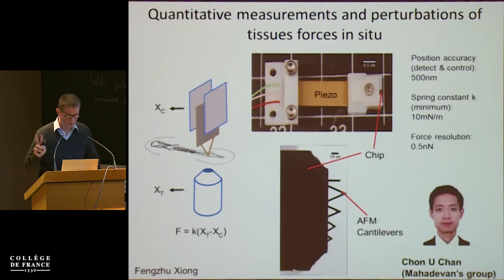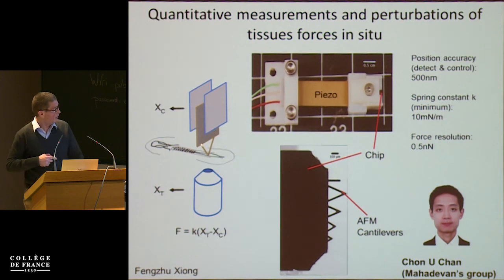And just as the last two slides, as a teaser, I want to show you a new system that was developed in collaboration with Madeleine's group by Feng Shu and Chonyu Chan. What they've done is to set up a system on the stage of a microscope where they hooked a chip that harbors AFM cantilevers to a piezo.